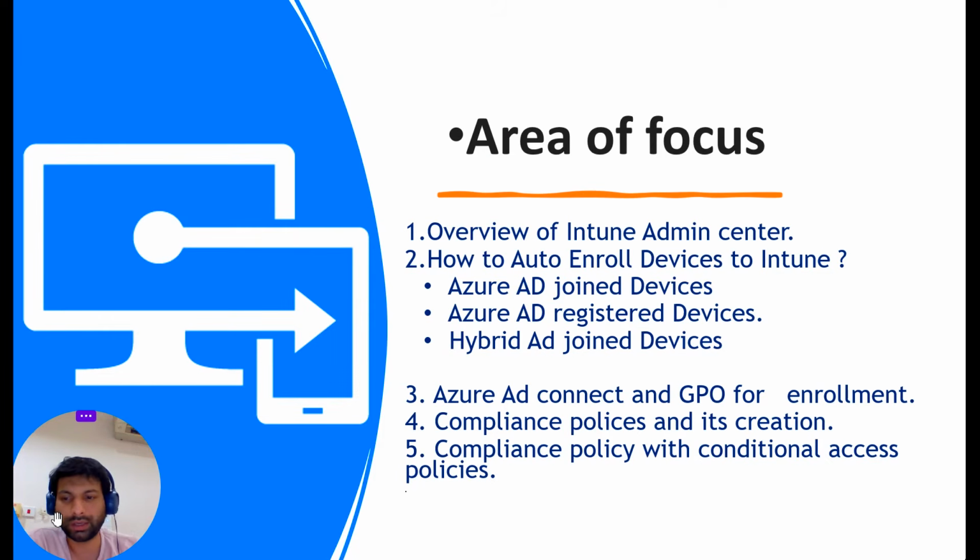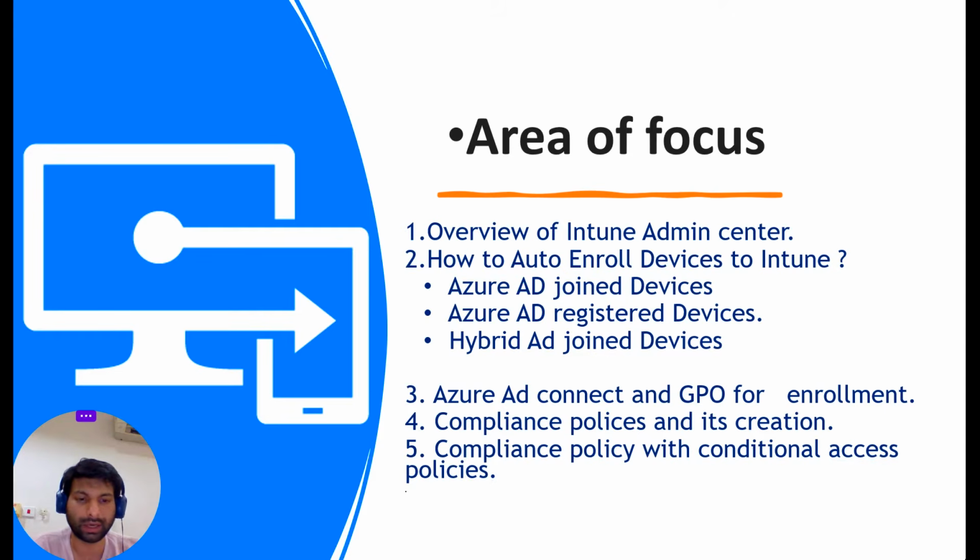All right. Again, a quick review on whatever we have learned so far. We discussed the Intune Admin Center. We have seen the overview of Intune Admin Center, how to automatically enroll the devices into Intune. What is the use of group policy for the enrollment of hybrid AD joined devices? And we talked about the compliance policy.